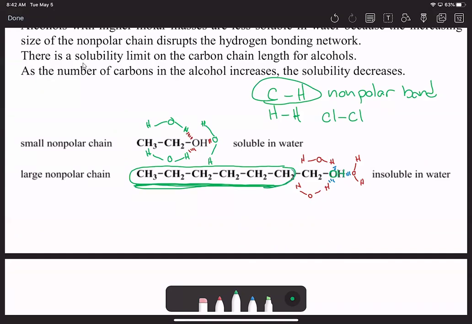So these larger chain alcohols can't be dissolved in water, right? If you know the name of gasoline, we call it octane, meaning there's going to be 8 carbons there. 8 carbons is a lot. So here's 1, 2, 3, 4, 5, 6, 7. So this is heptane. Heptane is insoluble in water.